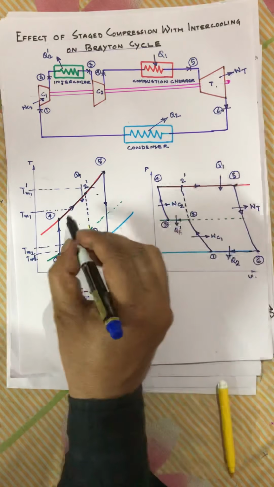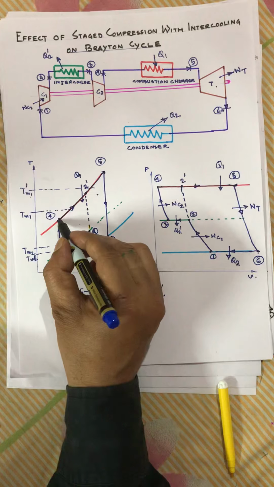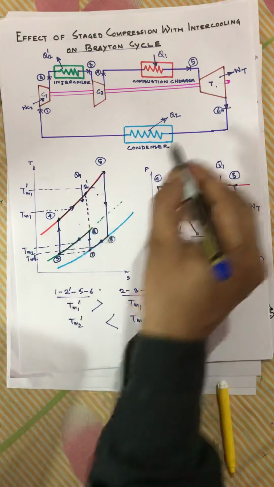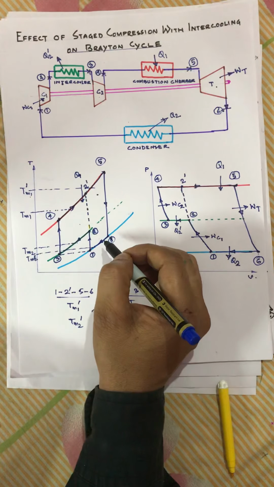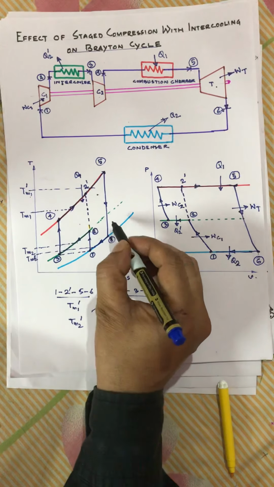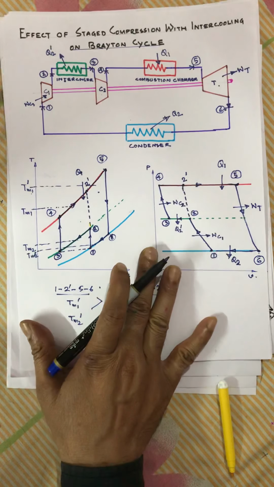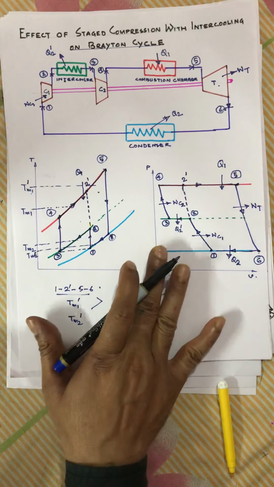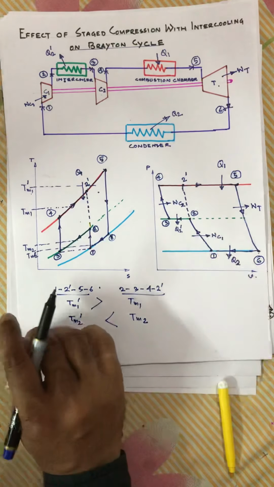That means if we are able to heat the gas for the section 4 to 2 dash by the exhaust gas, then there may be a net gain of efficiency when intercooling is adopted in conjunction with a regenerator.